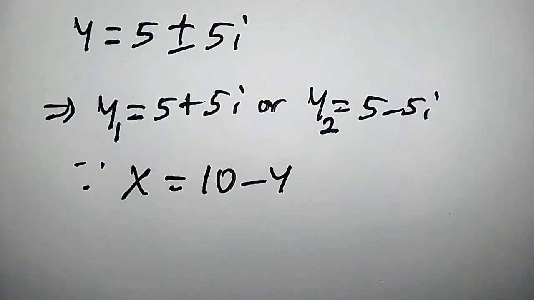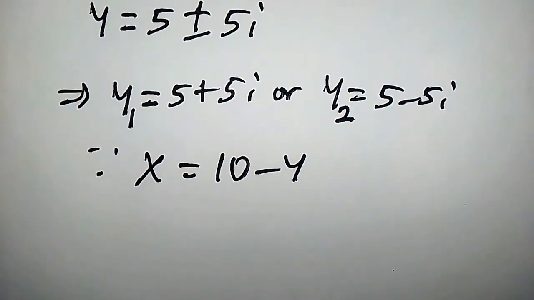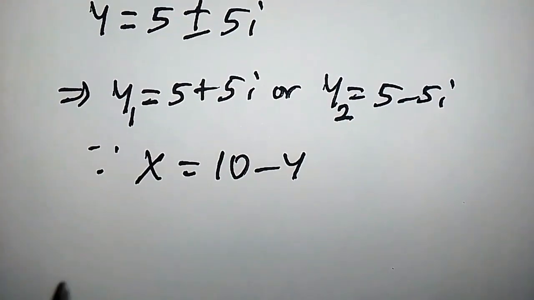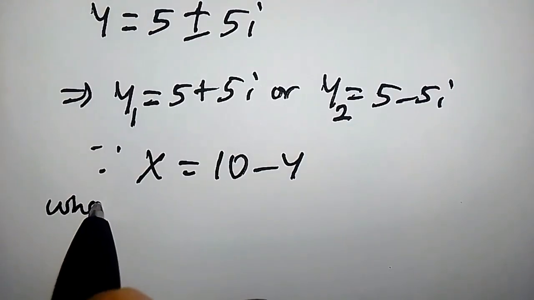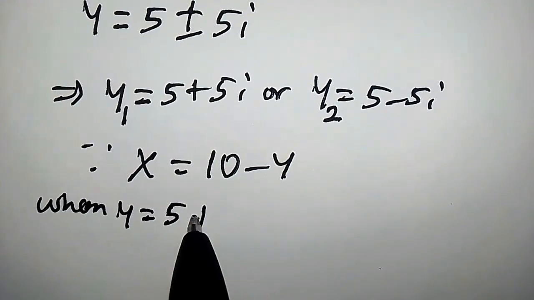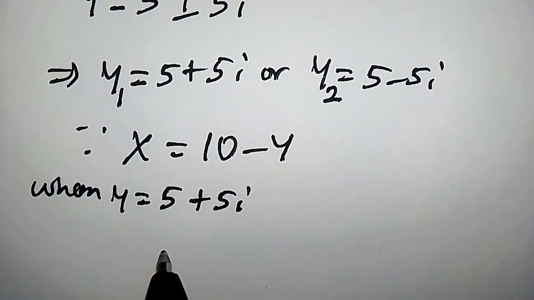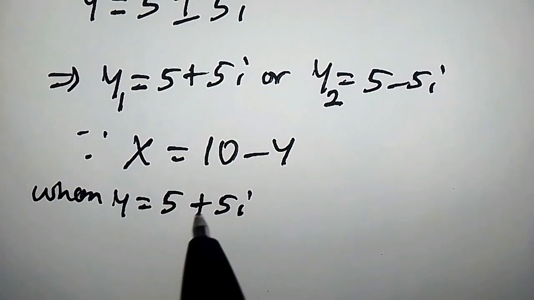What we have to do next is to consider each value of y. Consider this first. When y is equal to 5 plus 5i, what will now be the value of x? Let's plug it here.